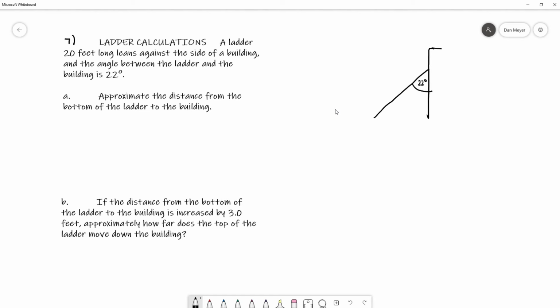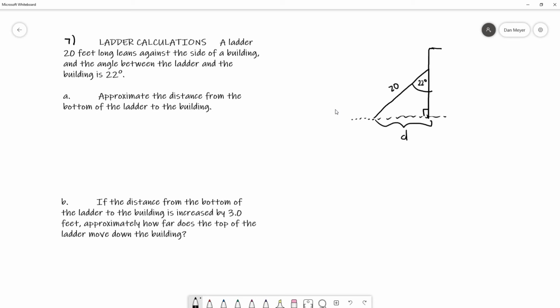Approximate the distance from the bottom of the ladder to the building. So I guess there's ground here, and this is the distance from the ladder to the building, and there's our right triangle. Now the ladder is 20 feet long, so the hypotenuse of this triangle is going to be 20, so that's known.